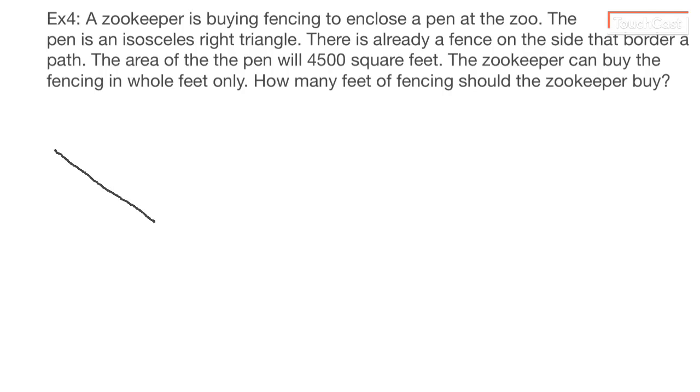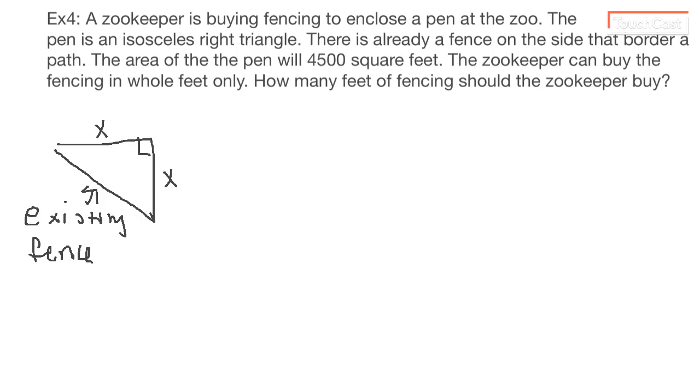My picture is not going to be drawn to scale, but we're going to have a right angle, and then right here is the existing fence, and these other sides have to be the same. Isosceles means two sides of the triangle need to be equal.